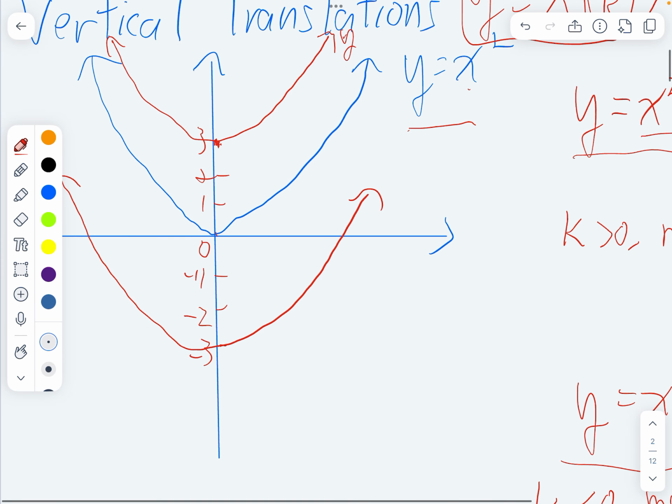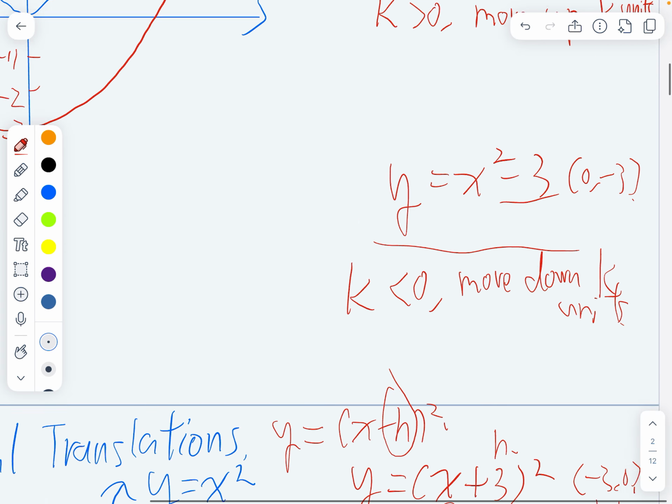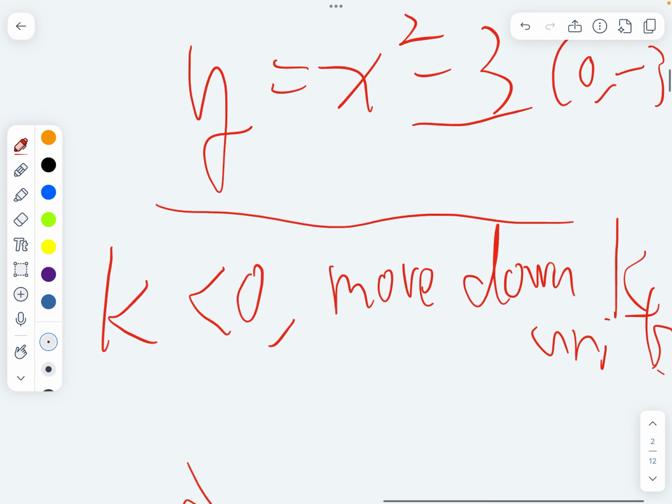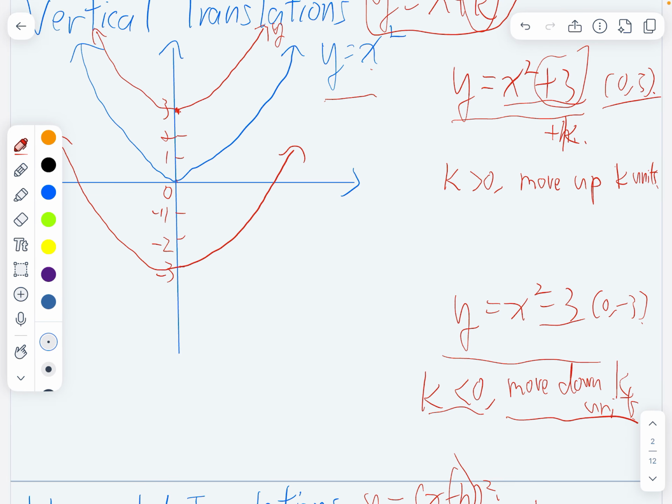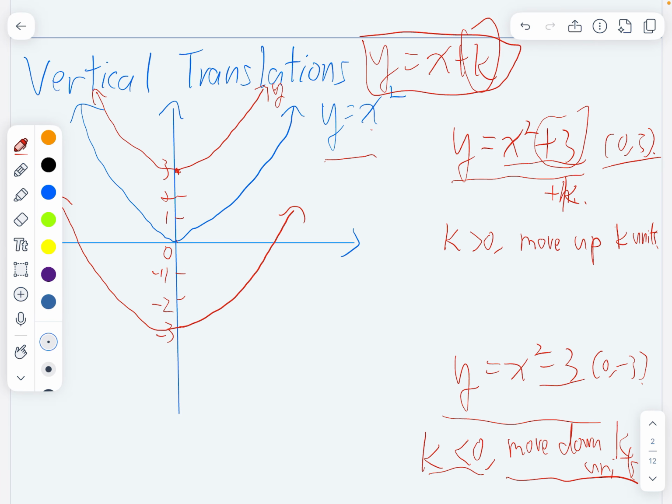We can describe it: the graph moves down 3 units. So the conclusion is, for k smaller than 0, the graph moves down k units. Okay, that's the first type of translation, called vertical. We just need to find the k.